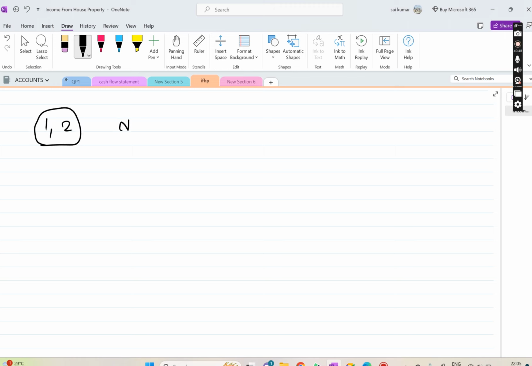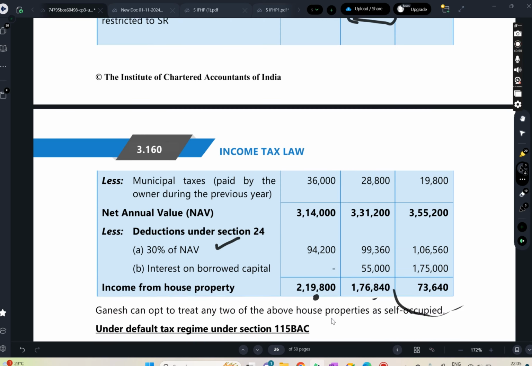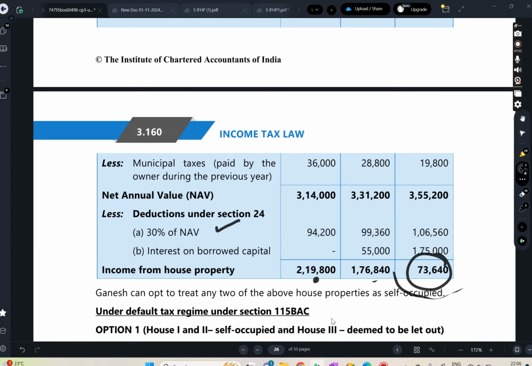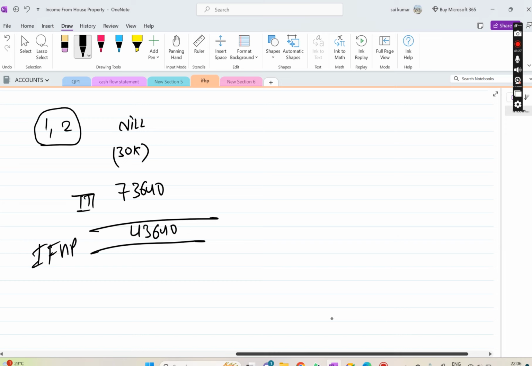So first house is nil, second house is 30,000 loss, and then another one is deemed to be let out income, 73,640. Now if you just do the net part, you can set off 73,640, which is the income from the third house that is let out. So we got a loss of 30,000. So 43,640 is the income from house property if I choose this option.